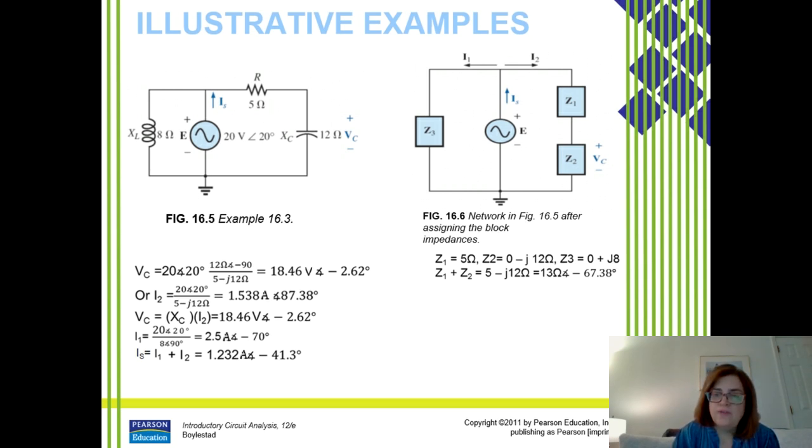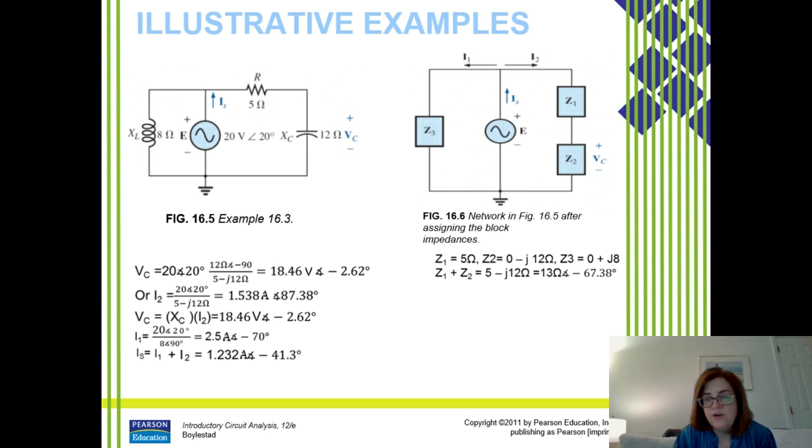So VC would be the portion of E that mirrors the ratio of Z2 to the overall impedance of the branch. We apply the voltage divider rule, multiplying our source voltage by the impedance where we're looking for the voltage.